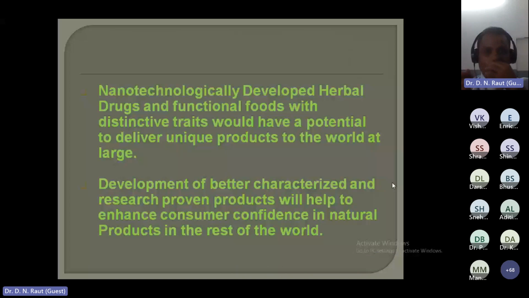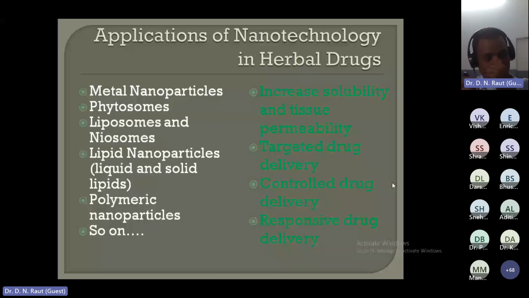Nanotechnology will develop herbal drugs and functional foods with distinctive traits that would have the potential to deliver unique products to the world. And the development of better characterized and research-proven products will help to enhance consumer confidence in natural products in the rest of the world. This was the reason that I chose this type of research work.